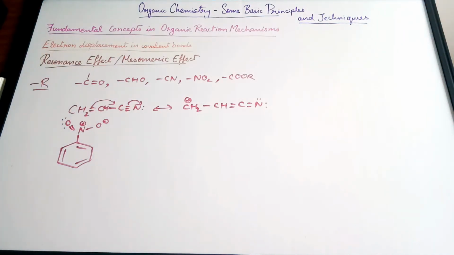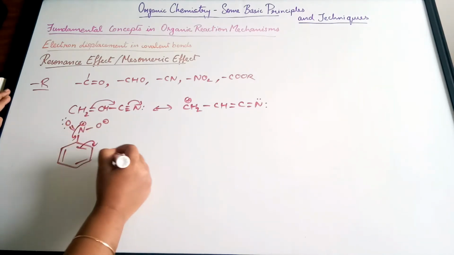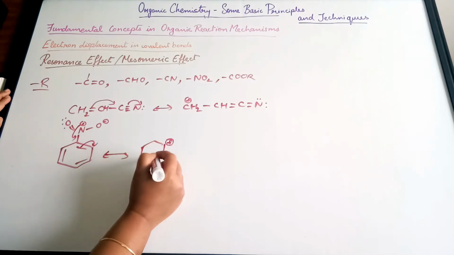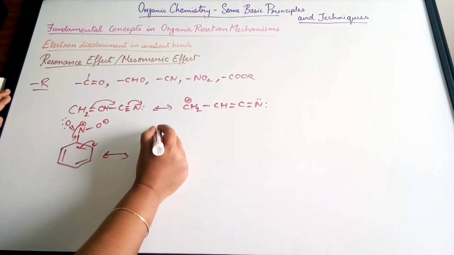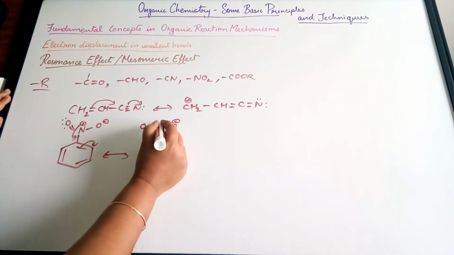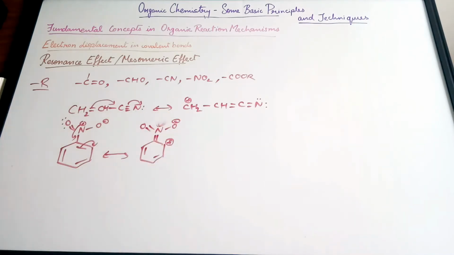Now in this case we can't write, okay, this is going to move here, this is going to move here, and so we'll have a positive charge over here and then nitrogen, oxygen. Now this is wrong.